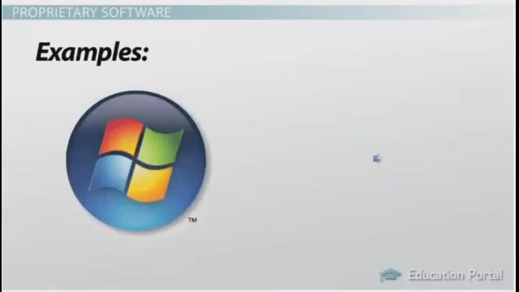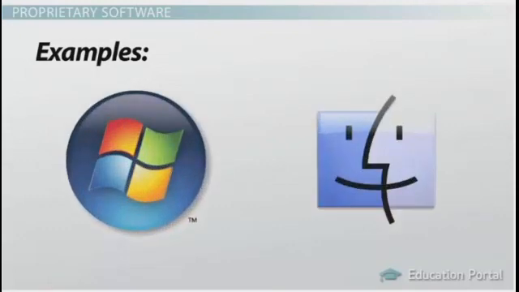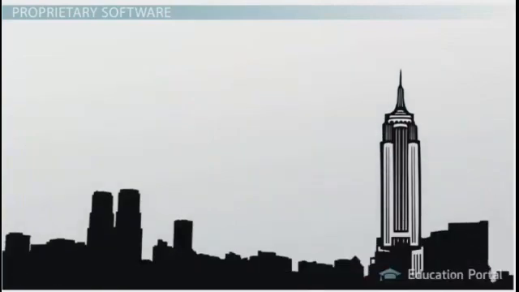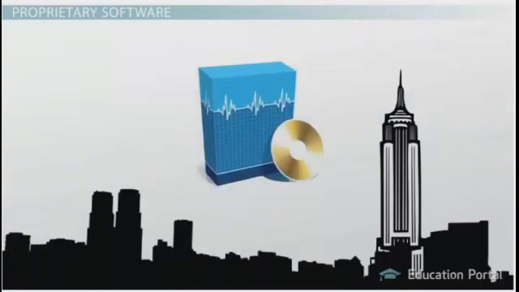There are numerous examples of proprietary software. Both the Windows and Mac operating systems are proprietary, and so are many of the typical software applications used in organizations, such as Microsoft Office. Many specialized software applications, such as those used for database management in various types of enterprise information systems, are also proprietary.